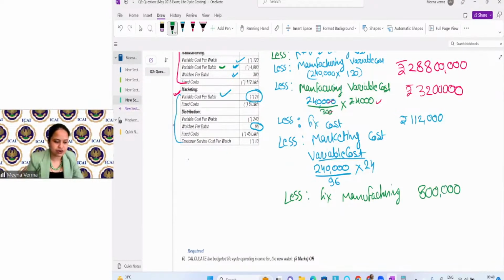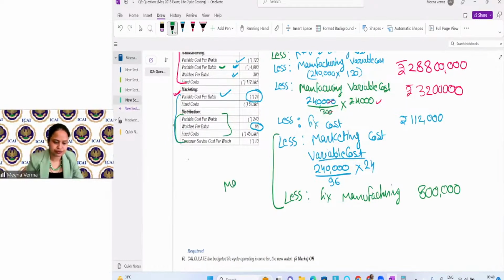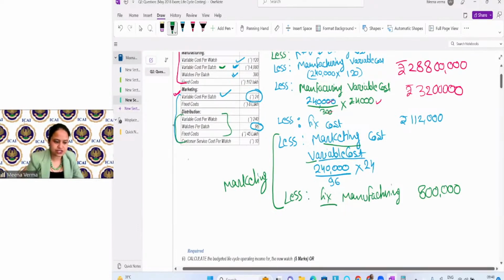What else do we have? Distribution cost. Let's see the distribution cost. This was your marketing cost: marketing variable cost and marketing fixed cost. Next is distribution cost.